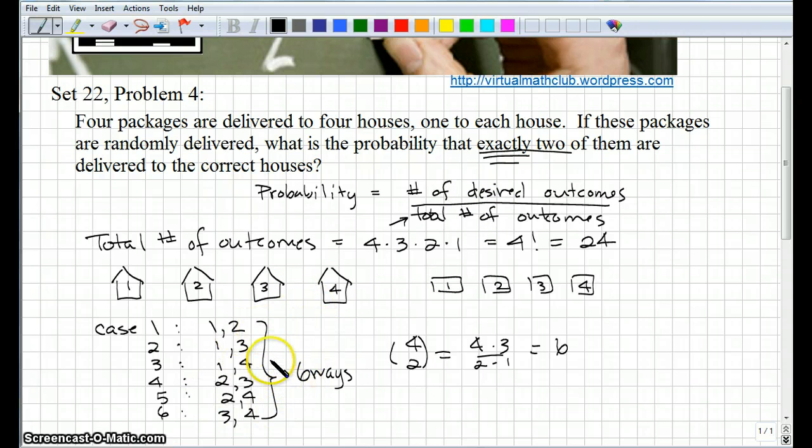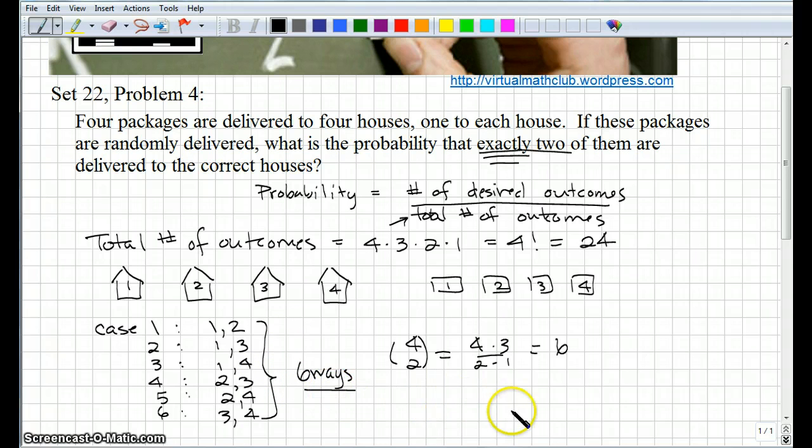We just have one choice left for the remaining packages. So we end up with 6 ways to deliver exactly 2 packages correctly.